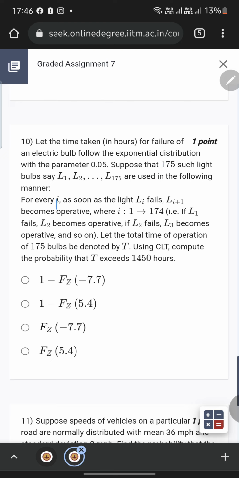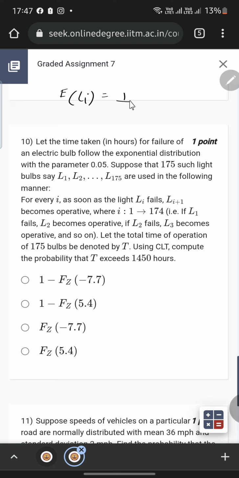Okay, so we can write E of Li for all i from 1 to 175.